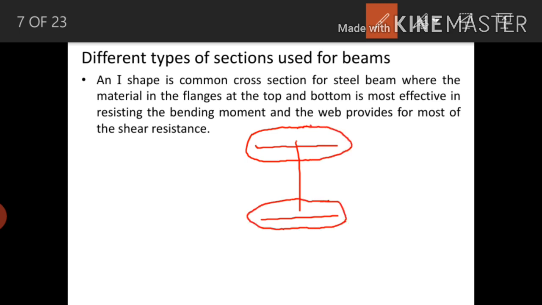These flanges, both at the top as well as at the bottom, will resist the bending moment, and the web will resist the shear. That is given here: the web provides for most of the shear resistance.